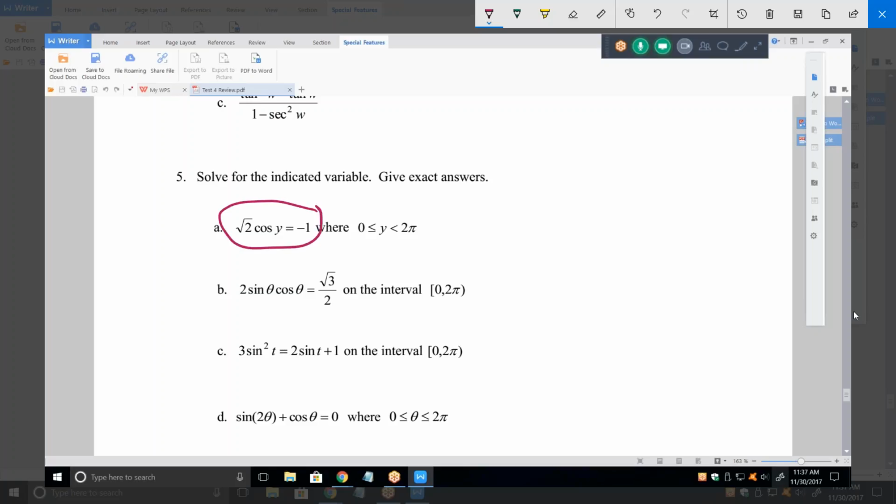If you're trying to solve for Y, start isolating. So you divide both sides by square root of 2. So now we have this. Now what? Trying to solve for Y.